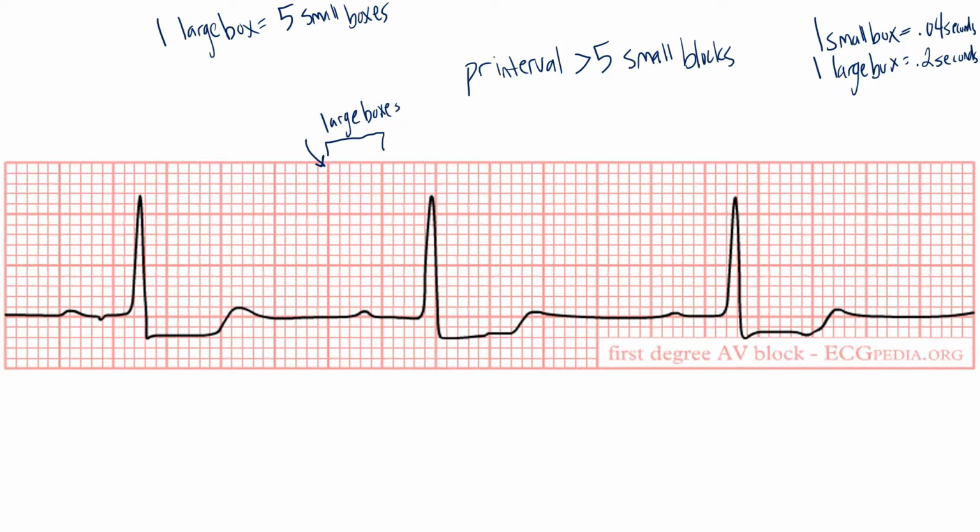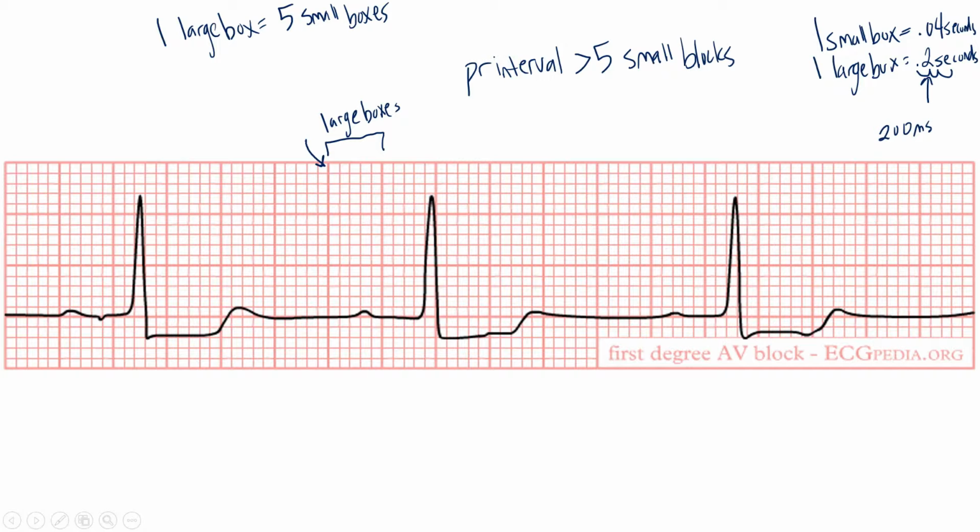Sometimes instead of 0.2 seconds, they'll turn it into milliseconds, so you move the decimal place 3 times. So it'll be 200 milliseconds for the total time of one large box.